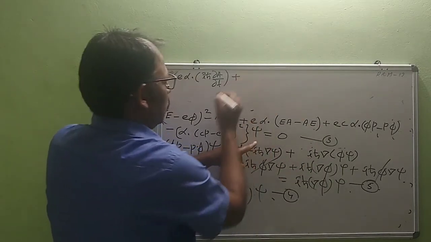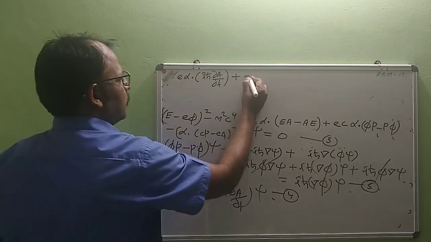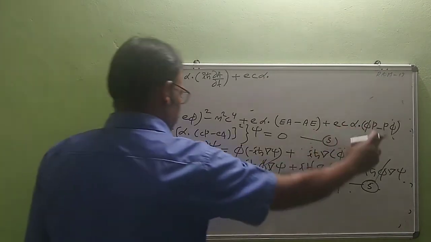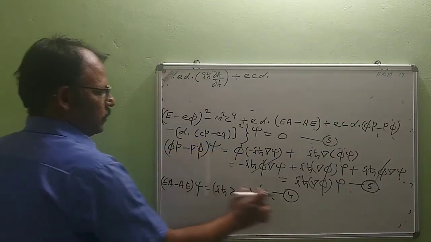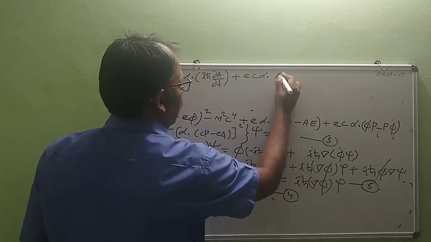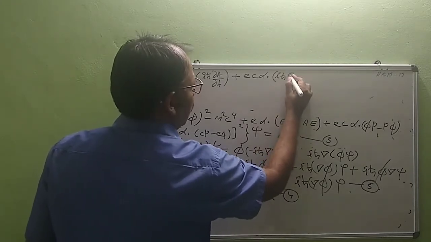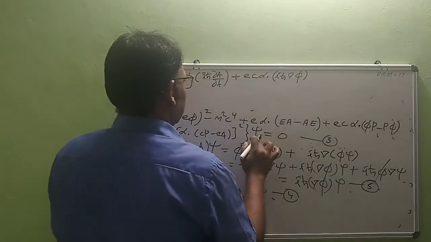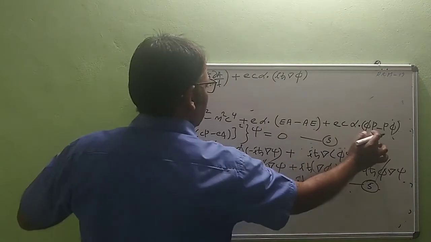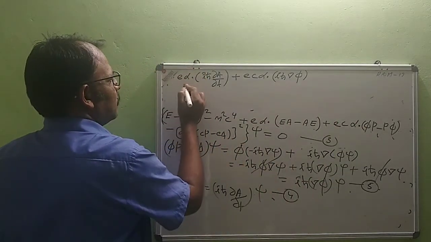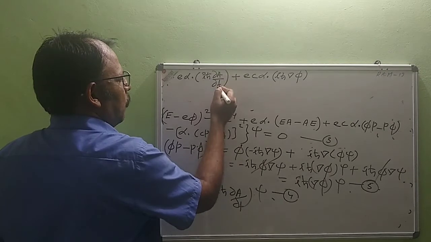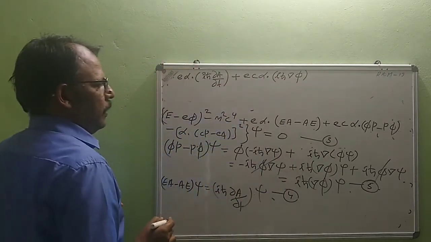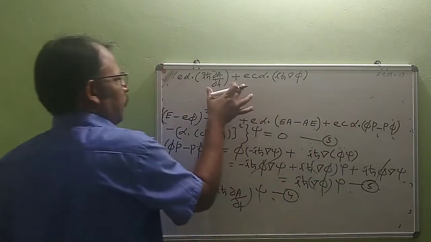Then plus EC alpha dot (phi p minus p phi). Phi p minus p phi is IH bar del phi operating on wave function psi. So this third and fourth term we can write as E alpha IH bar dou A by dou T plus EC alpha dot IH bar del phi. These two terms I have written here.